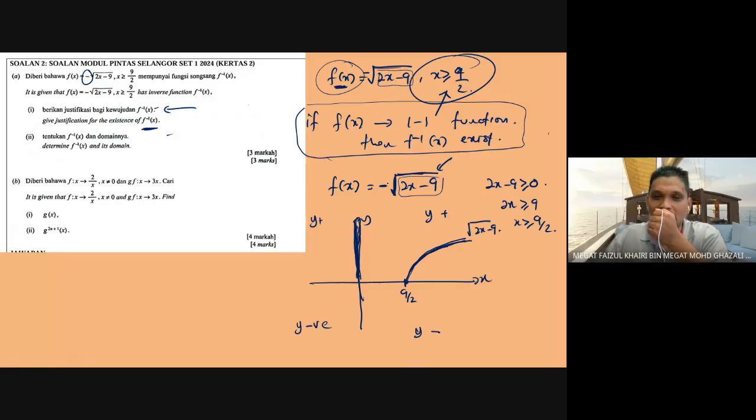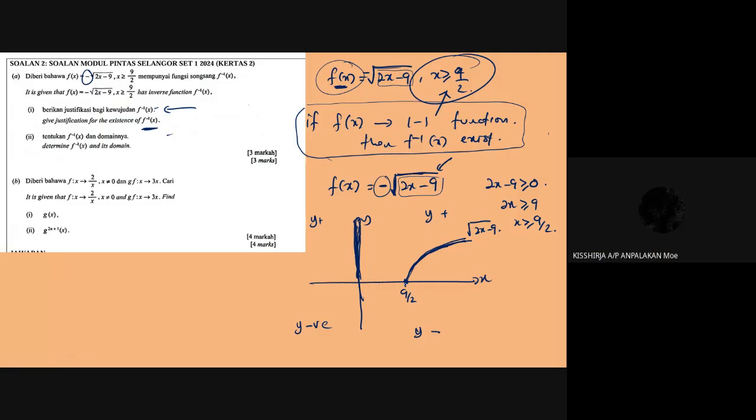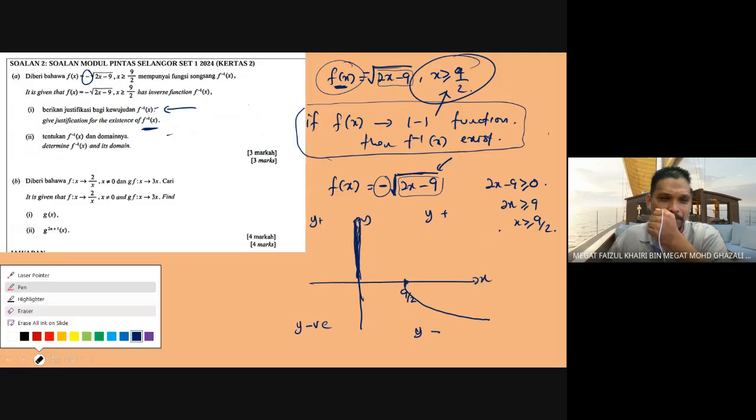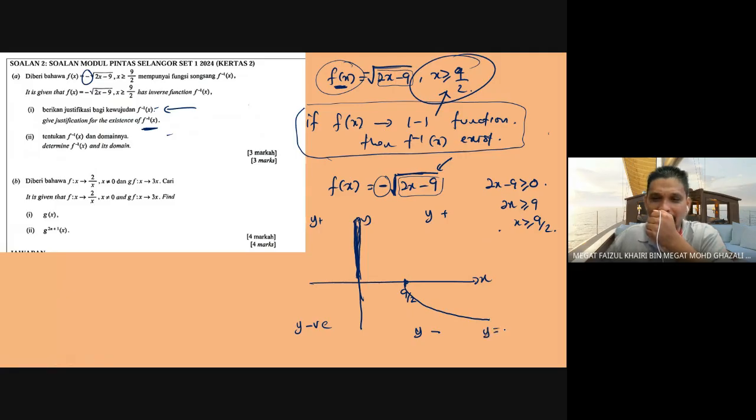So if I substitute the negative sign here, then the whole function becomes negative, down here. y equals negative square root of 2x minus 9. Get it?